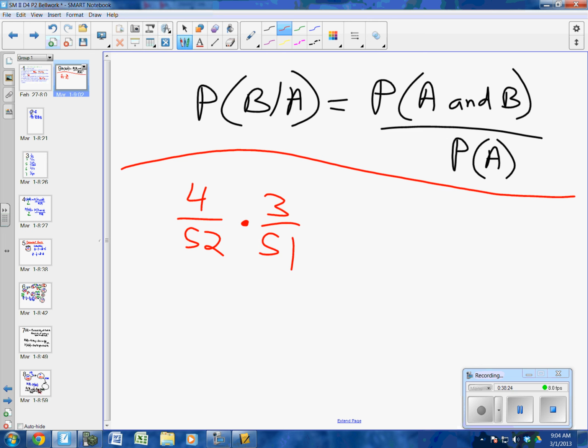Why? Raise your hand if you know why it's 3 out of 51. Because you already drew 1 king out, because you're given that you drew a king out the first time. And there's only 51 cards left. What does that equal? 12 out of what?